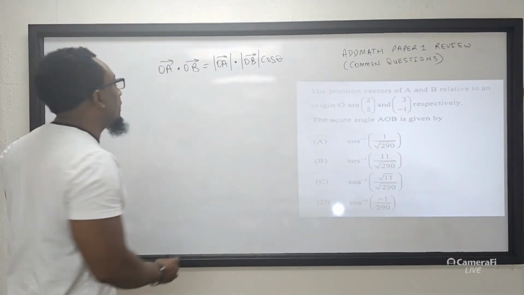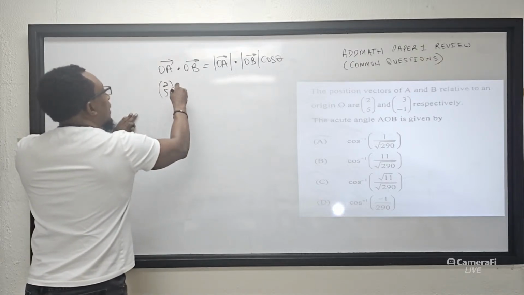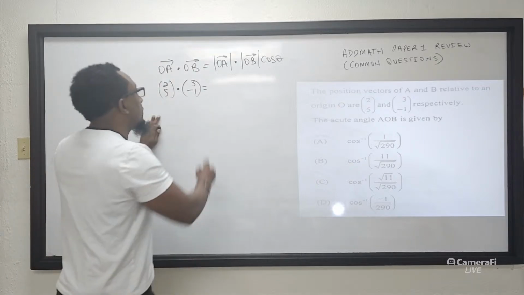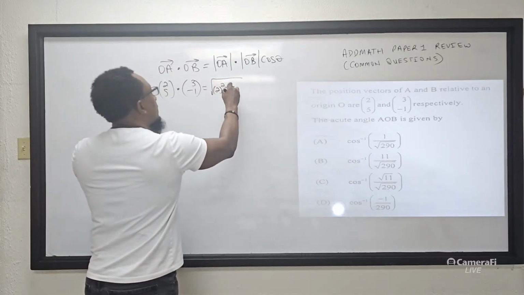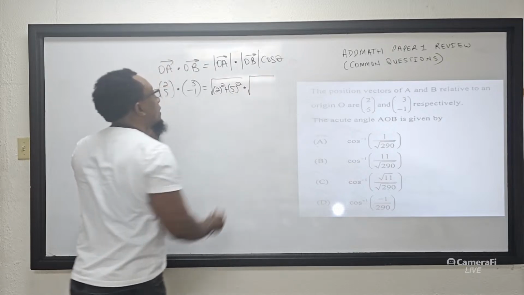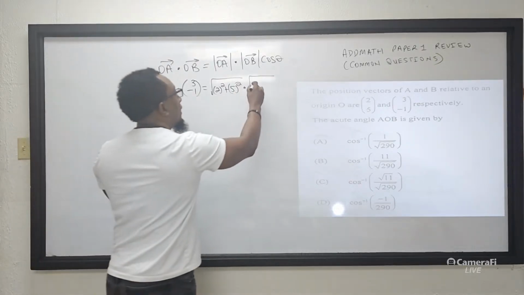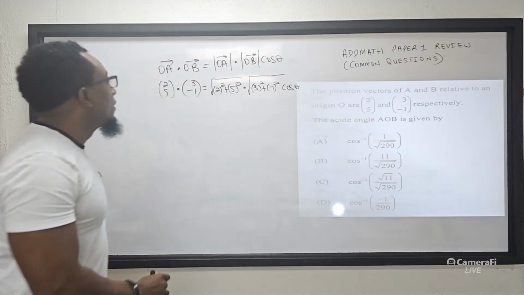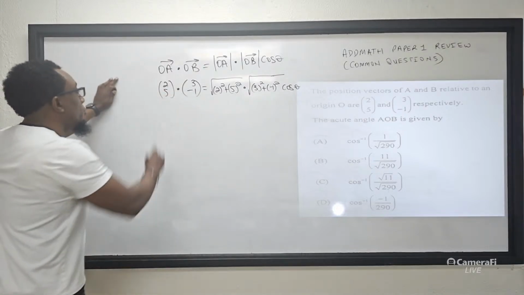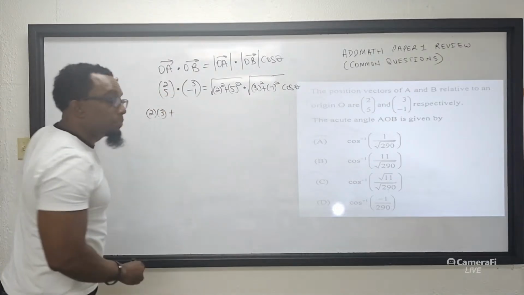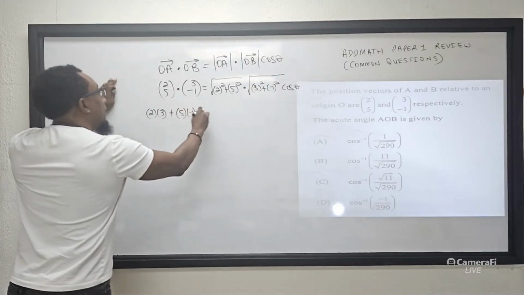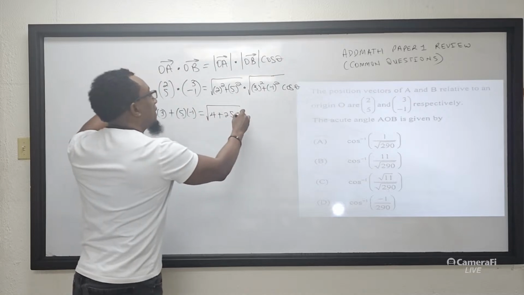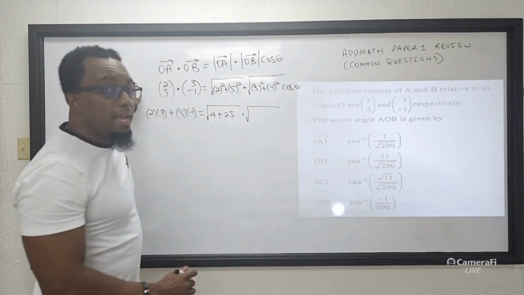So vector OA is (2, 5) dot vector OB is (3, -1) is equal to the modulus of OA, which is the square root of 2 squared plus 5 squared, times the modulus of OB, which is the square root of 3 squared plus negative 1 squared, cos theta.